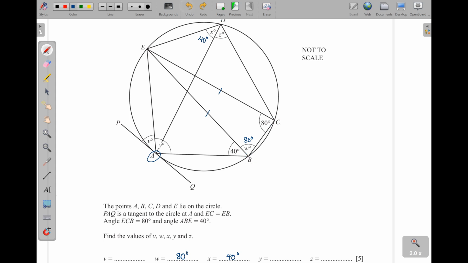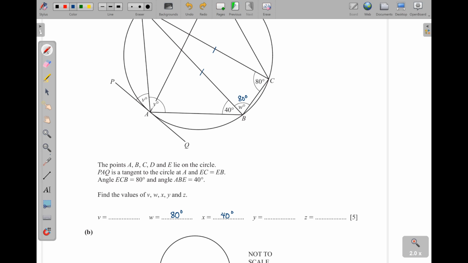So we shall say that Z is going to be equal to 180 minus the sum of these two angles, 40 plus the 80. 40 plus 80 is 120. So subtracted from 180, this one actually gives us 60 degrees. So Z is 60 degrees.